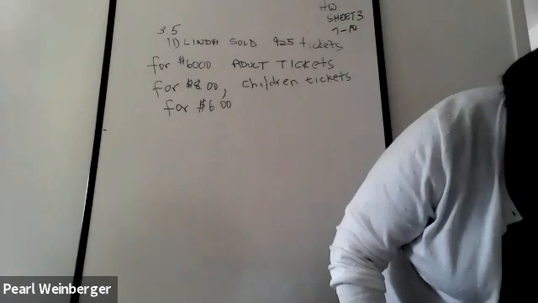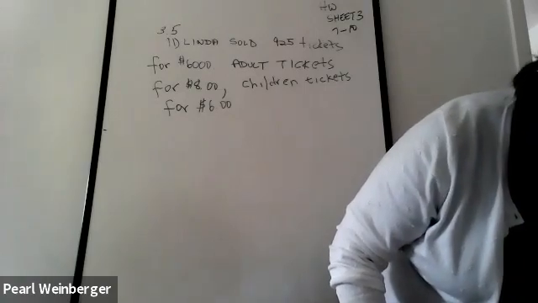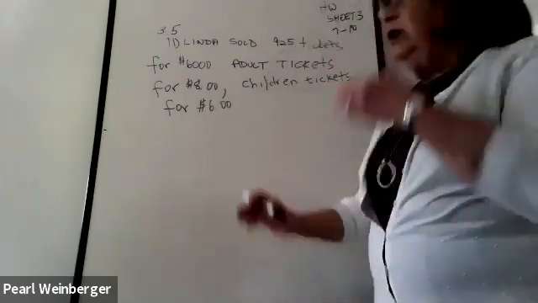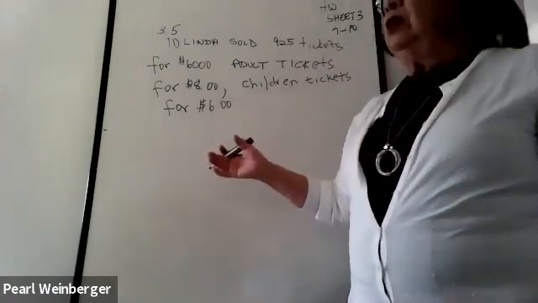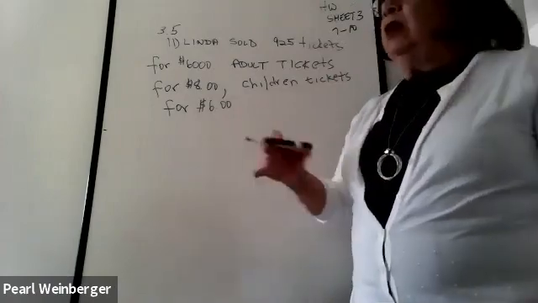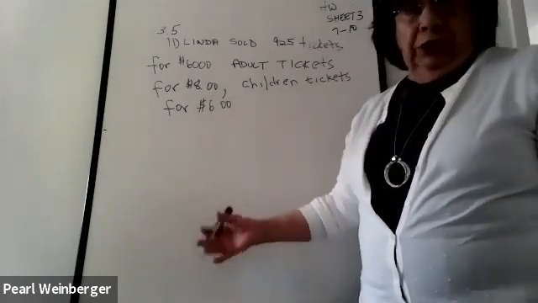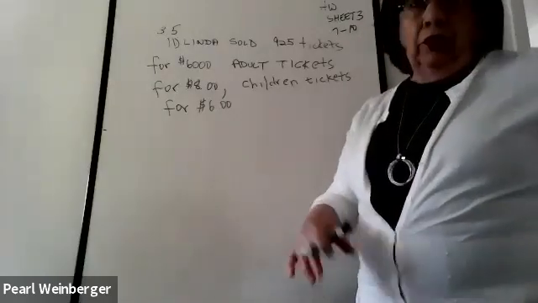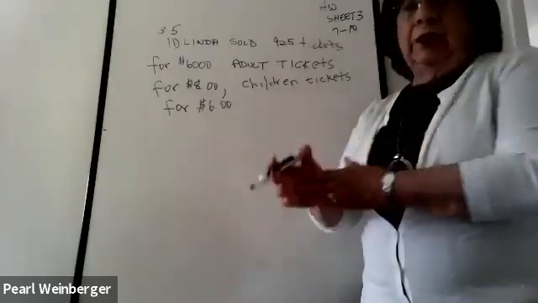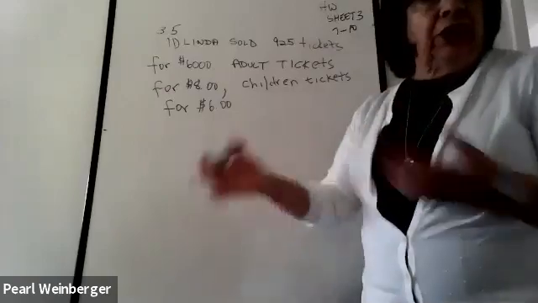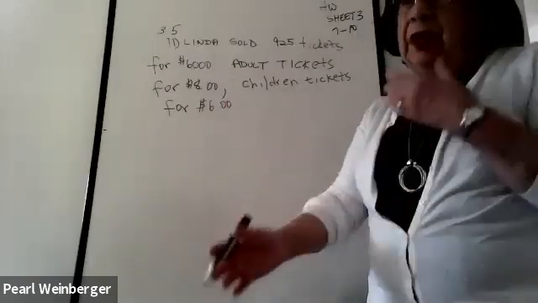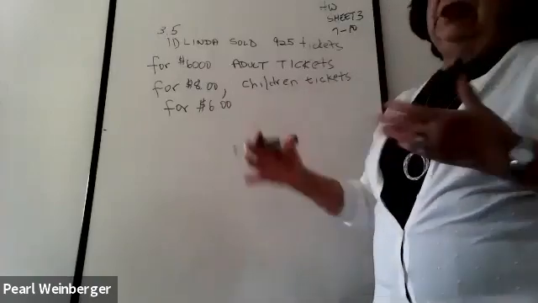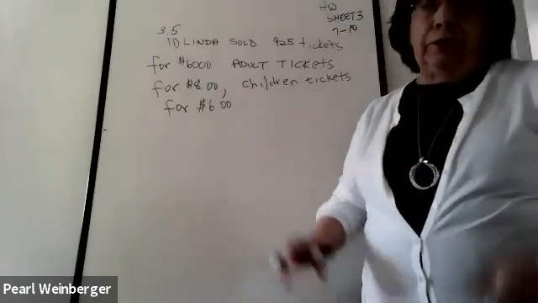Let's say, I'm trying to think of another type of situation. Yeah, somebody sells two types of shirts in his store, and one costs one amount and one costs another amount. And we know how much he gets altogether for all the shirts, but how many did he sell of each type of shirt?